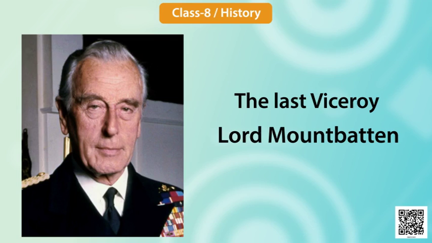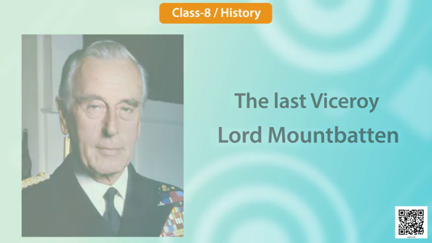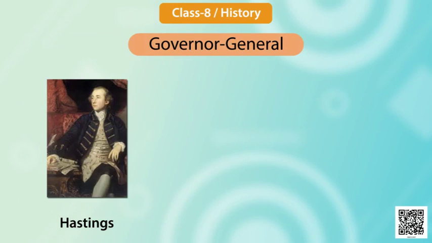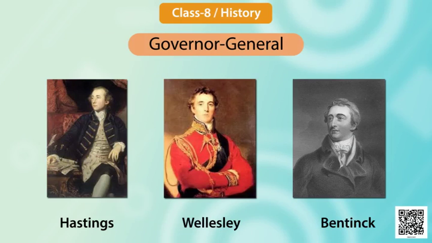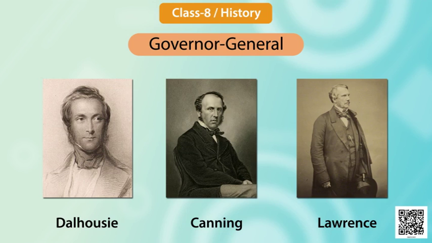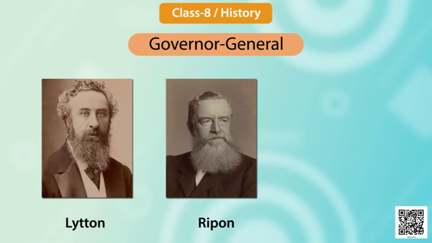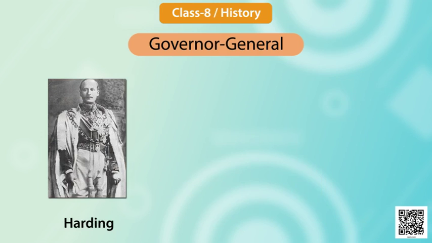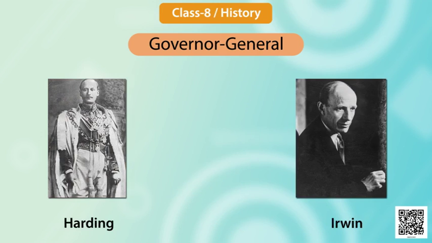In the separate chapters, we read about the deeds of others: Hastings, Wellesley, Bentinck, Dalhousie, Canning, Lawrence, Lytton, Ripon, Curzon, Harding, Irwin. It was a seemingly never-ending succession of Governor Generals and Viceroys.